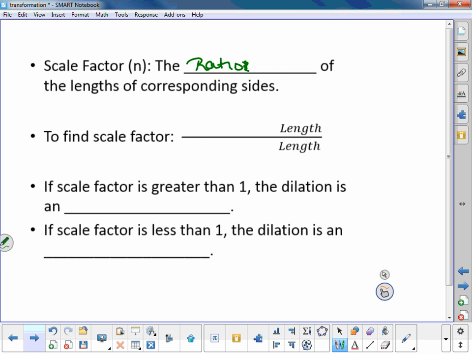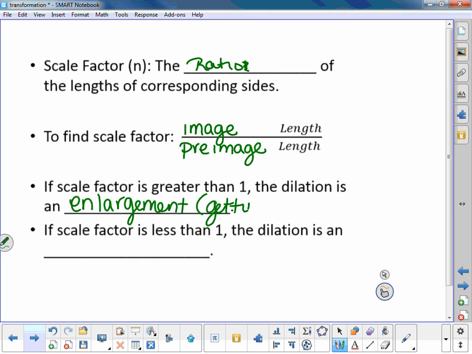You always put the image over the pre-image. Okay? If the scale factor is greater than 1, then it's an enlargement. It's getting larger. If it's less, it's a reduction, which is getting smaller.